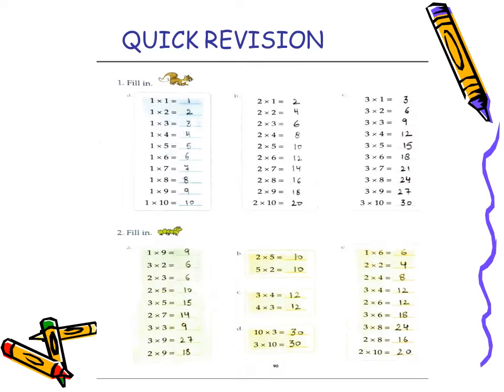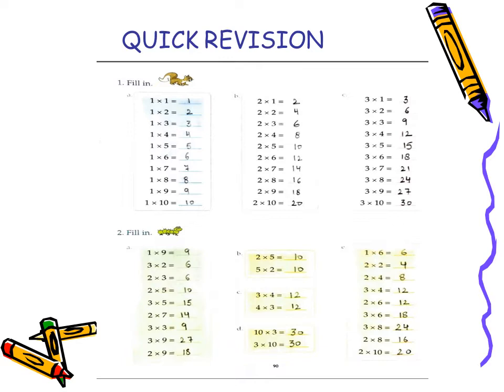In question number 2 on pages 90 and 91, we had random multiplication questions. Also, parts B, C and D of question number 2 are questions where we are multiplying and getting the same product as the previous one.